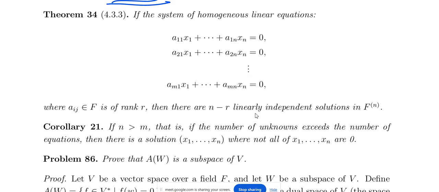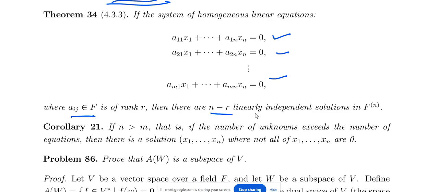If a system of homogeneous linear equations with coefficients alpha ij in F is of rank r, then there are n minus r linearly independent solutions for this system.